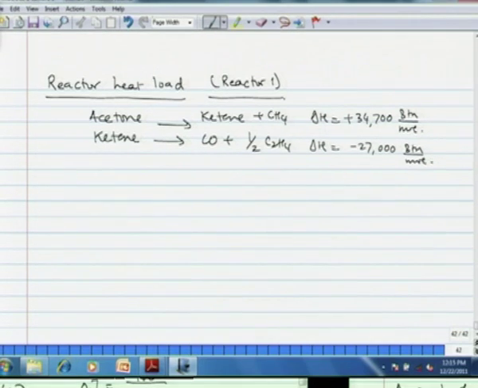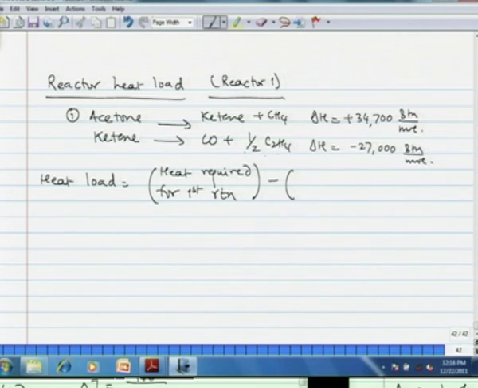Given these heats of reaction and the material balance that we have just obtained, we can easily calculate the heat load. The heat load will be the heat required for the first reaction, acetone decomposing to ketene and methane, minus the heat liberated in the second reaction.